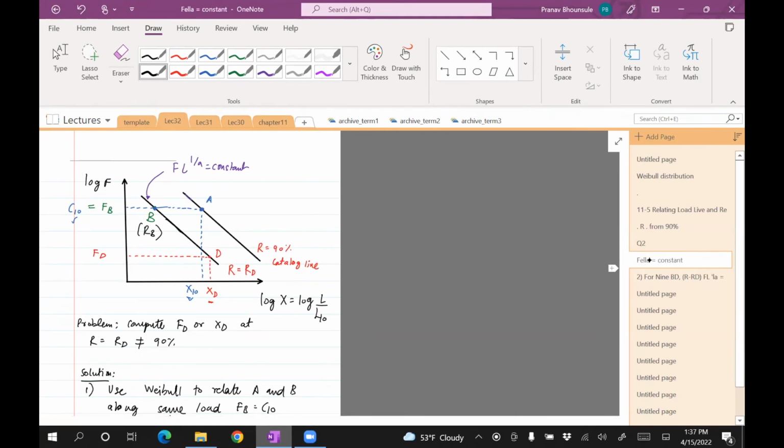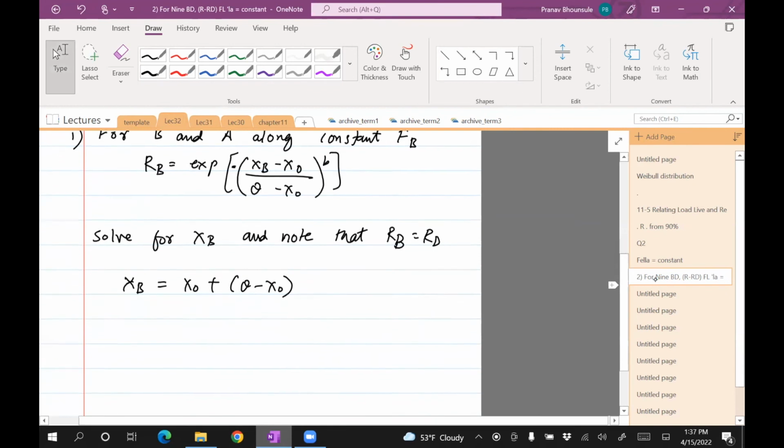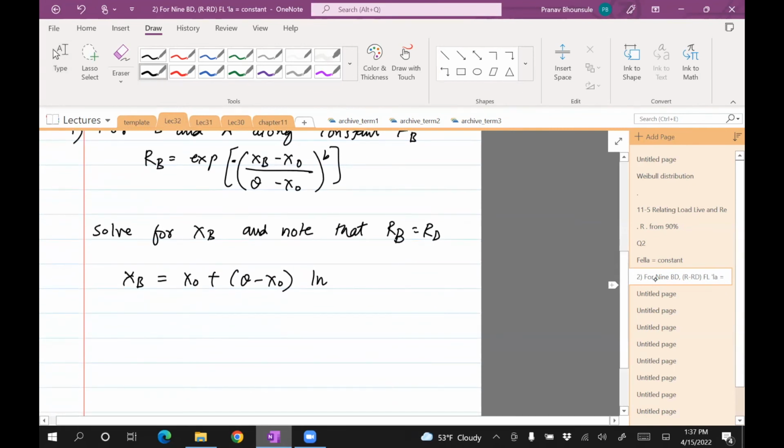So we just put RB equals RD and get XB equals X0 plus theta minus X0 times the quantity natural log of 1 divided by RD, raised to 1 over b.